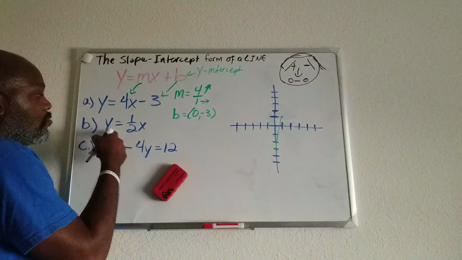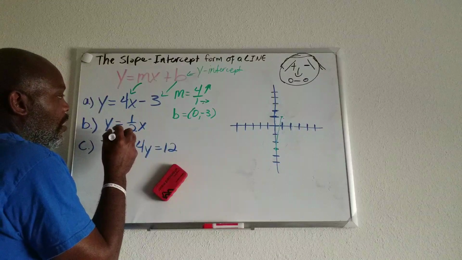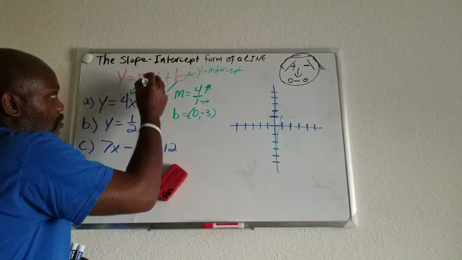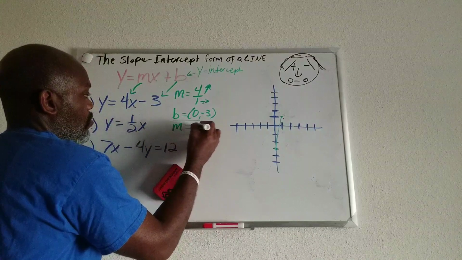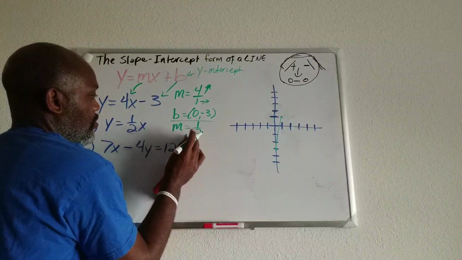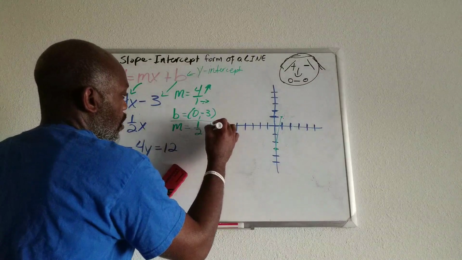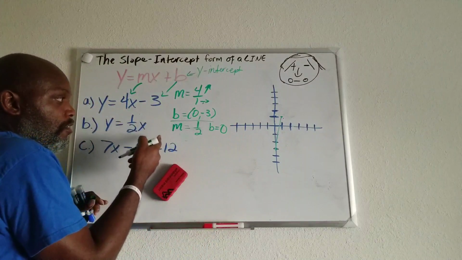All right, then we go to the next question, and the slope is 1/2. The y-intercept is 0. Why is that? Because there's nothing there, so it's 0.